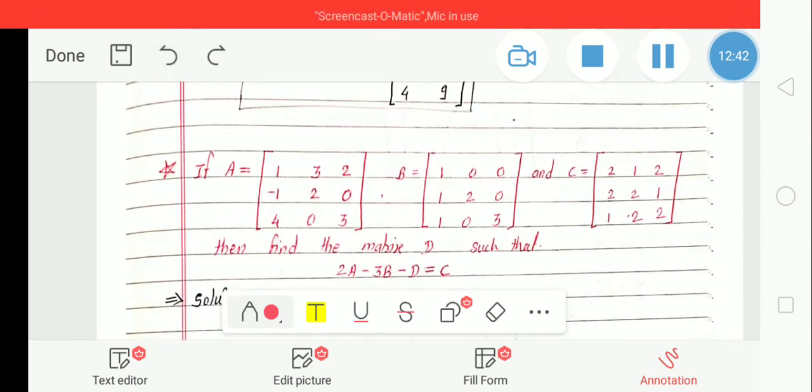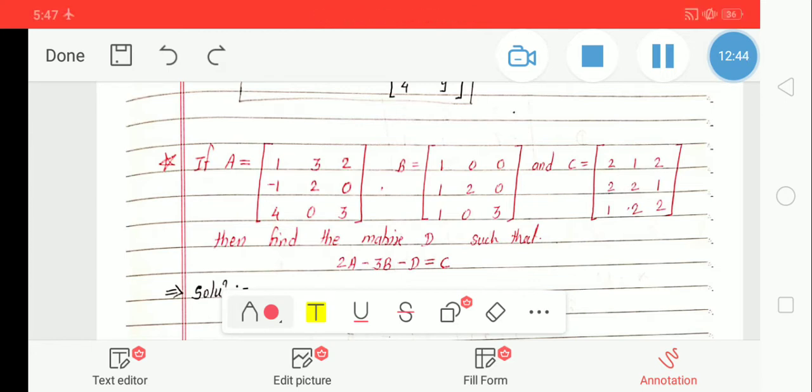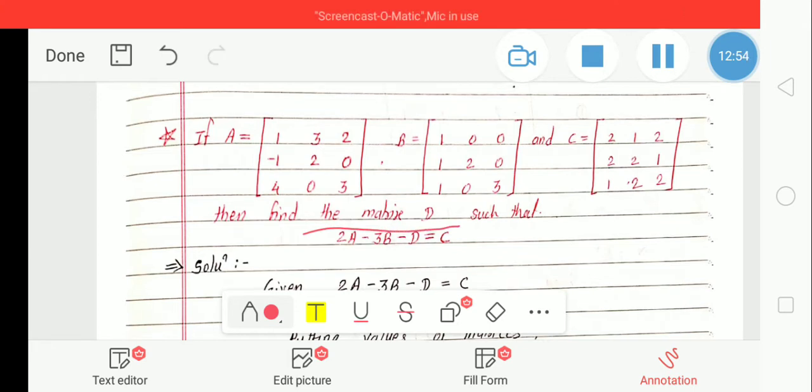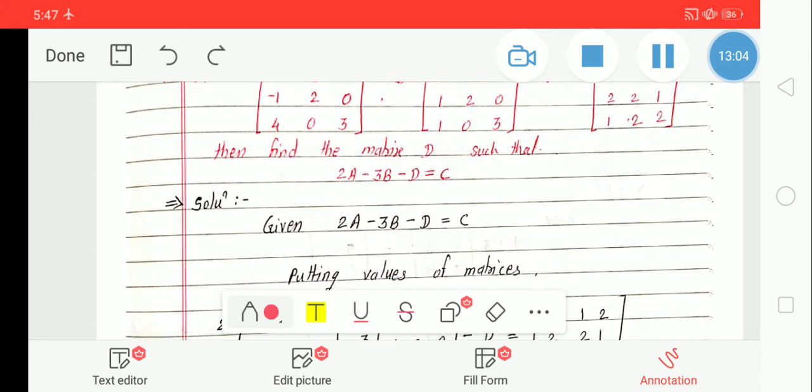Now the second example. This is a 3 cross 3 matrix, and in this example we find the matrix D by using this equation. We have to find matrix D, हमको ये इसमें find करना है. तो how can that be possible?